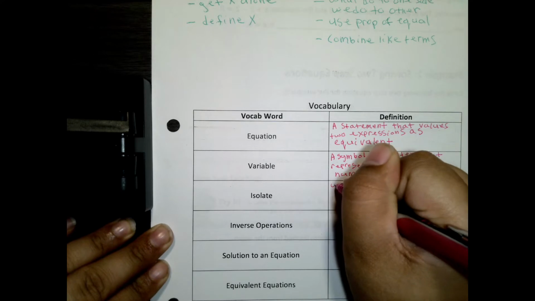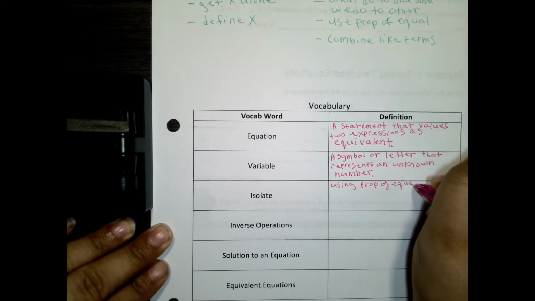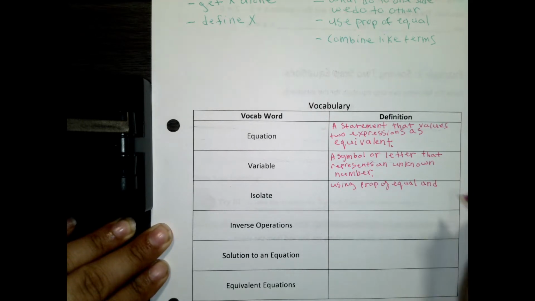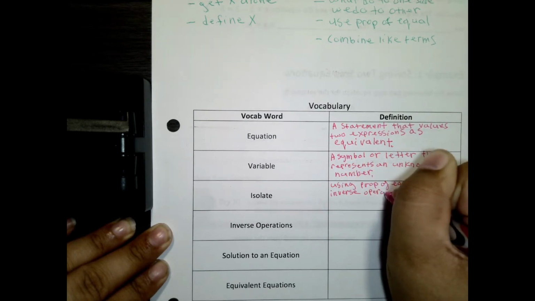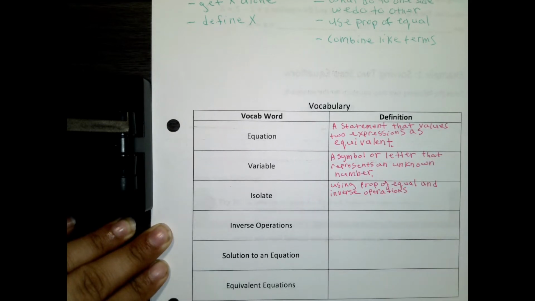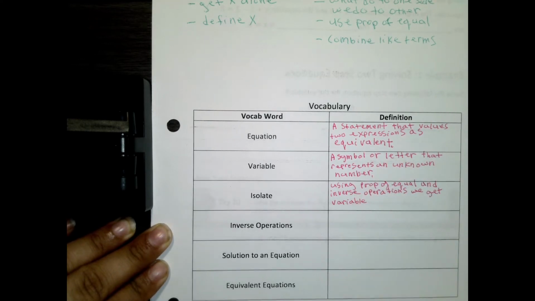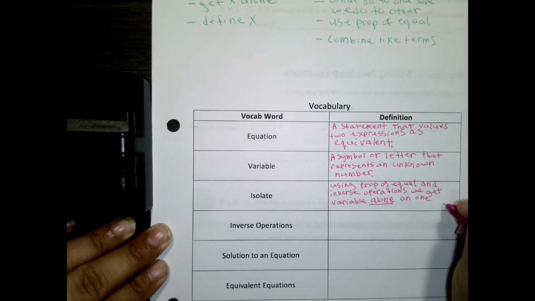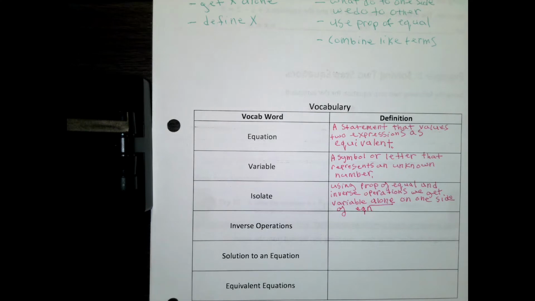So, using the properties of equality, I'm going to put prop of equal and inverse operations, we get the variable alone on one side of the equation. I'm going to put EQN to stand for our equation.